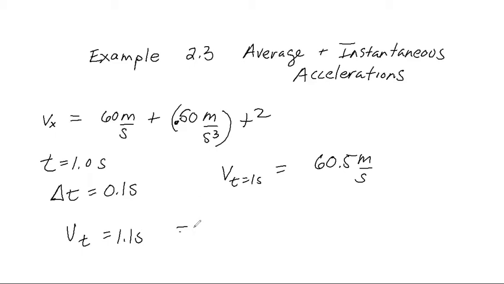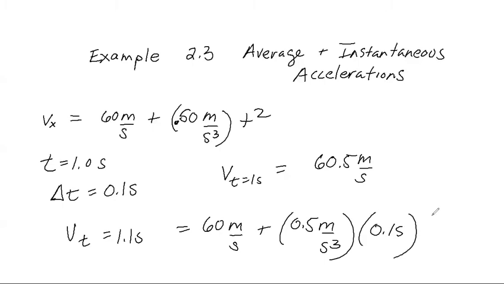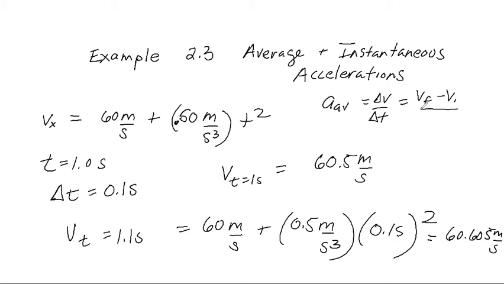So we've got our equation: 60 meters per second plus 0.5 meters per second cubed times (0.1 second) quantity squared. That's going to give me 60.605 meters per second. Now to find my average acceleration, a average, once again, equals delta V over delta T. Delta V is V final minus V initial, and delta T is T final minus T initial.